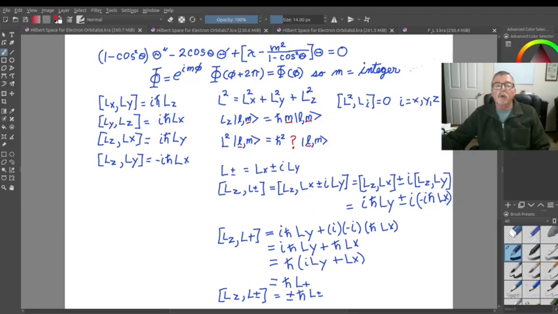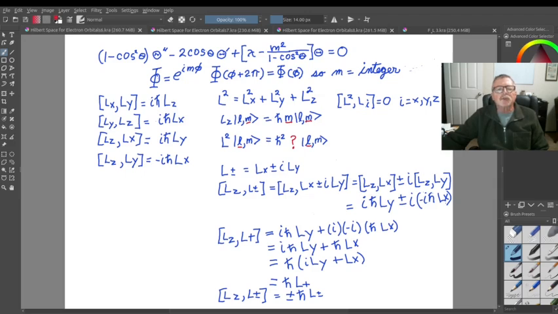Now, the first point I want to make is, what values can this m value be? If this is e to the im phi, that function taken at phi plus 2 pi has to come back and equal this one, because it's a rotational function.